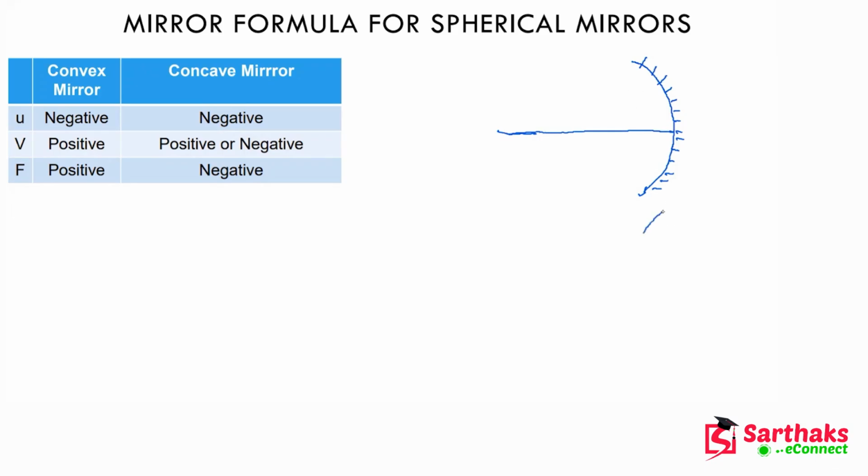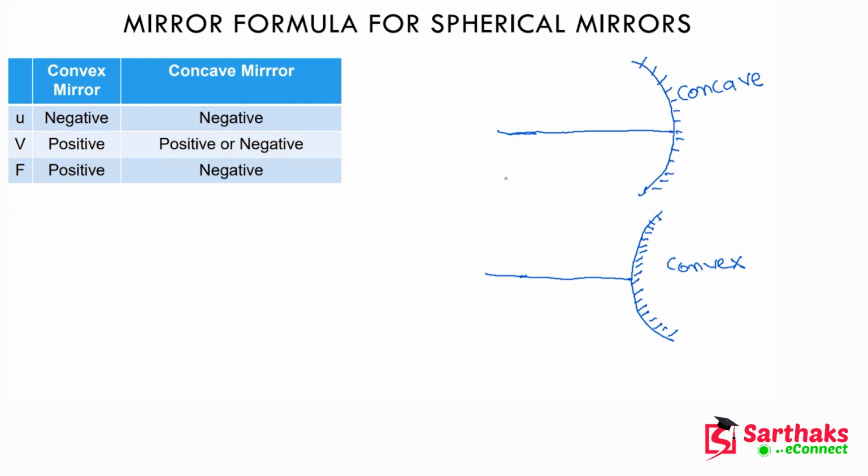And this is your convex mirror because the coating is on the inner side, and the light will be reflected from the outer surface.